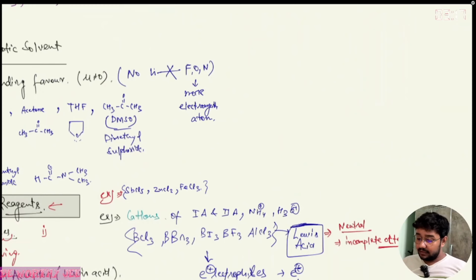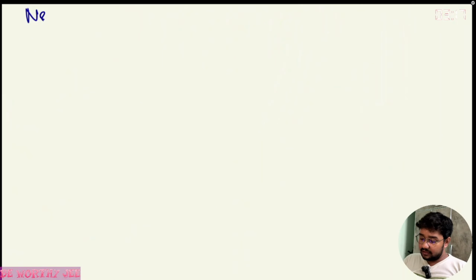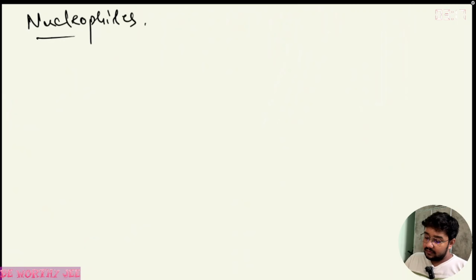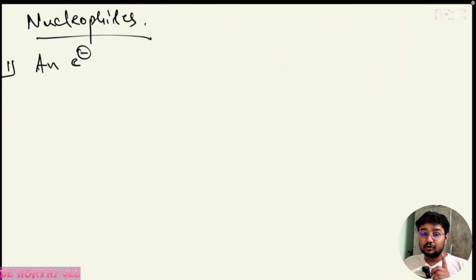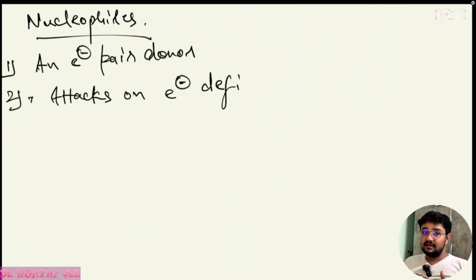Now coming back to nucleophiles, these are also reagents. So we will discuss nucleophiles as well. Nucleophiles, put a heading on that. First, it is an electron pair donor, that is, electron pair loving. Second, it attacks an electron deficient site, because these have too many electrons or lone pairs, so they attack electron deficient sites.